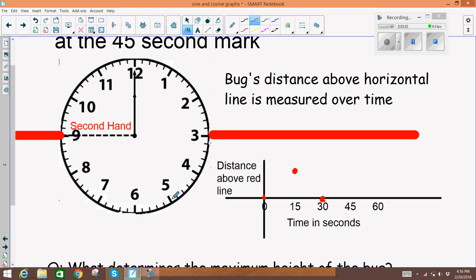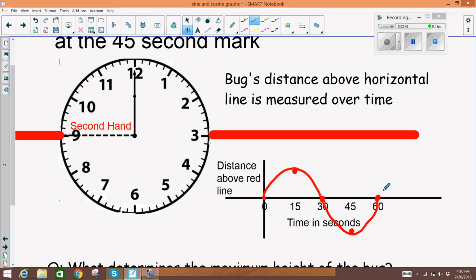And after 45 seconds, I'm now the farthest below the line I can be. Then after a whole minute, a total of 60 seconds, I'm back here. So the height of the bug above this red line looks like that.